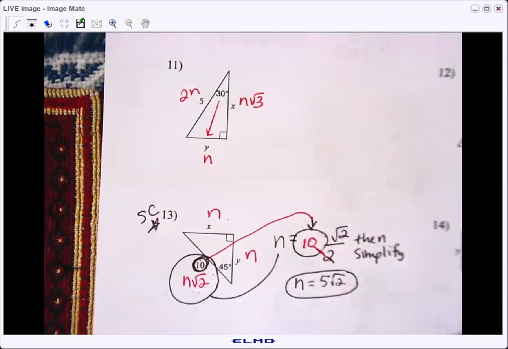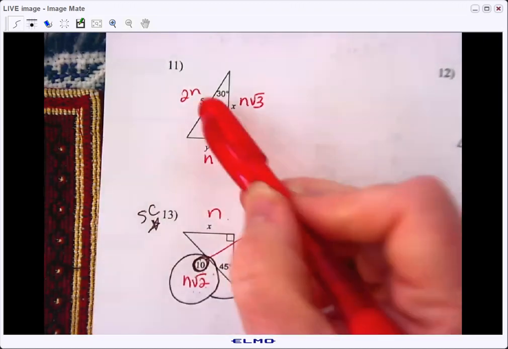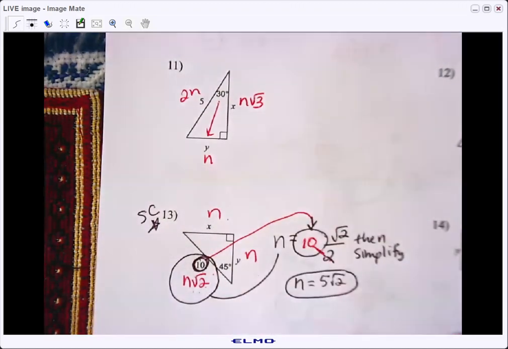Okay. So what do I do to the hypotenuse to find n? You have to put 2 root 2 next to 5 to do the shortcut.